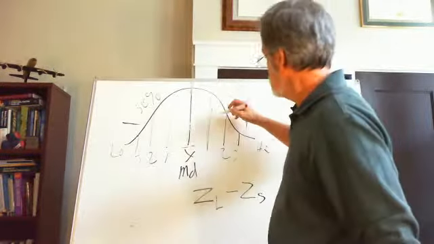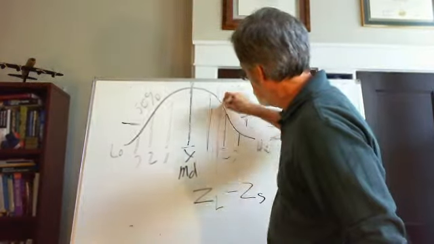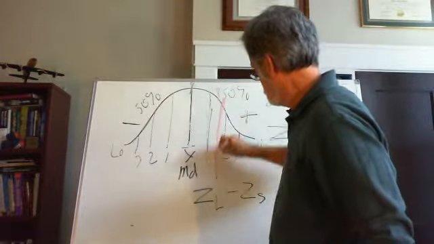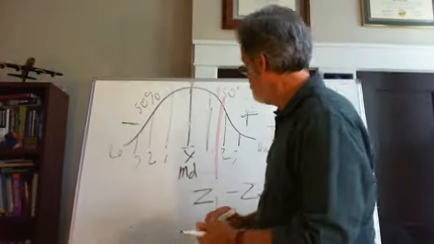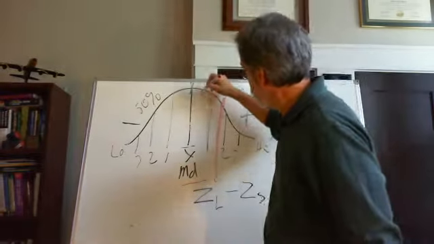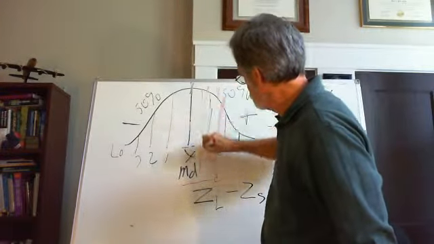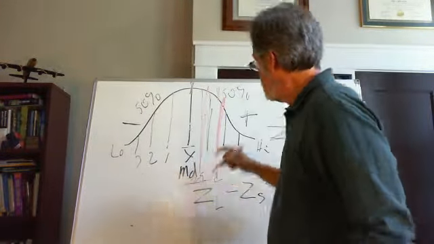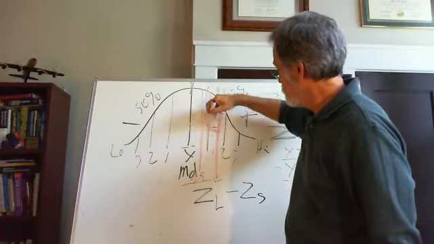If Z large is here, and this is Z large going this way, and Z small is here, then what we're after is the difference between these two here.